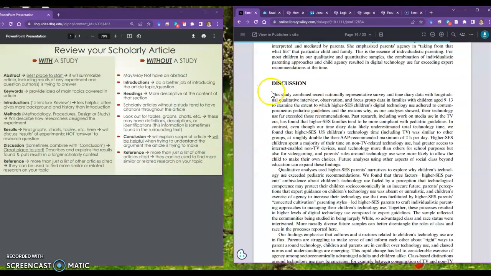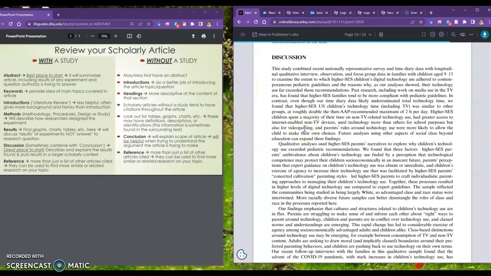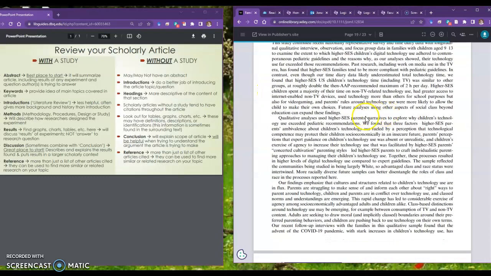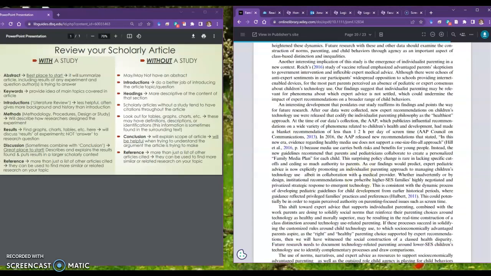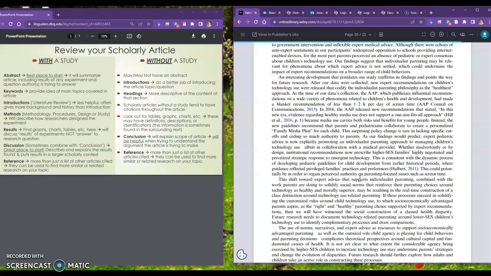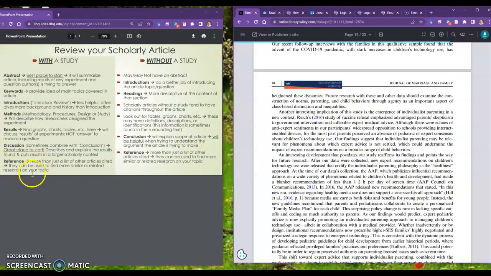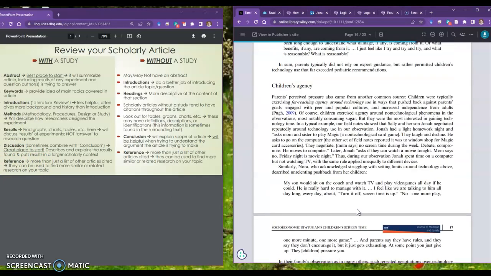And so basically the discussion here is they looked at different ways of SES, remember that's the socioeconomic status, and they looked at parenting and the children's technology use. And so that's what the discussion is. Then, if you really need more information, you can go back.